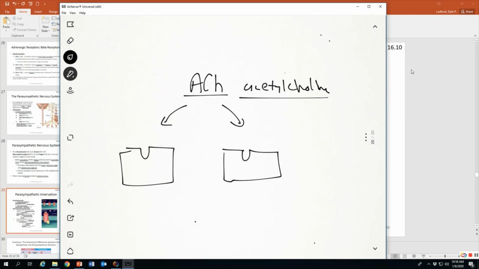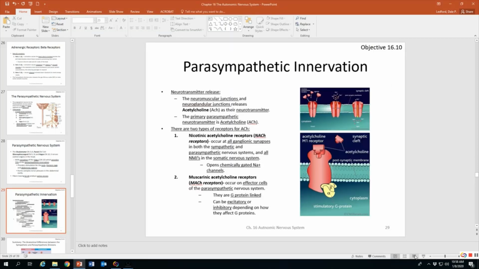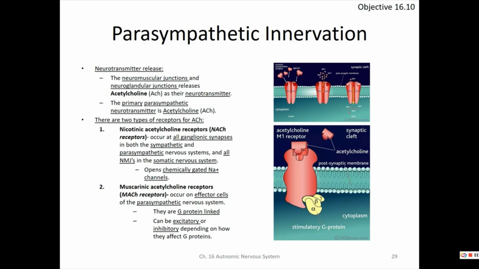Now we'll see that some of these are more than that, but the cholinergic receptors here are going to be what is referred to as nicotinic, or just N, and M, muscarinic. Nicotinic or muscarinic is what acetylcholine can bind to. Now, they act very differently. Nicotinic receptors, these are nicotinic acetylcholine receptors.